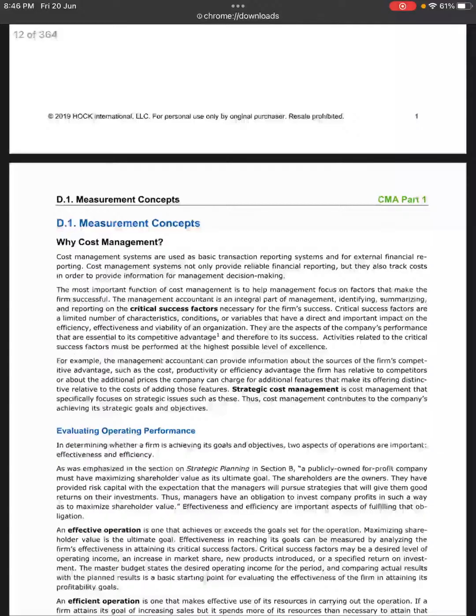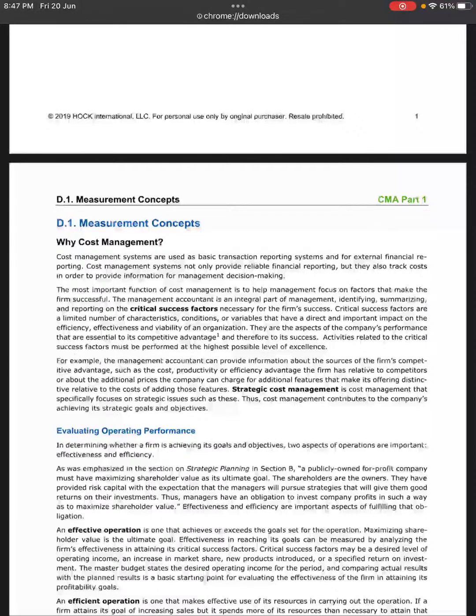Why cost management? Cost management systems are used as a basic transaction reporting system and for external financial reporting. Cost management systems not only provide reliable financial reporting, but they also track costs in order to provide information for management decision making, right?